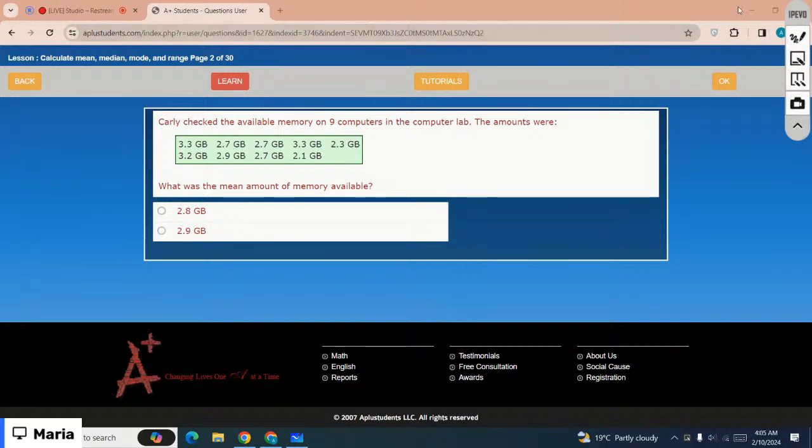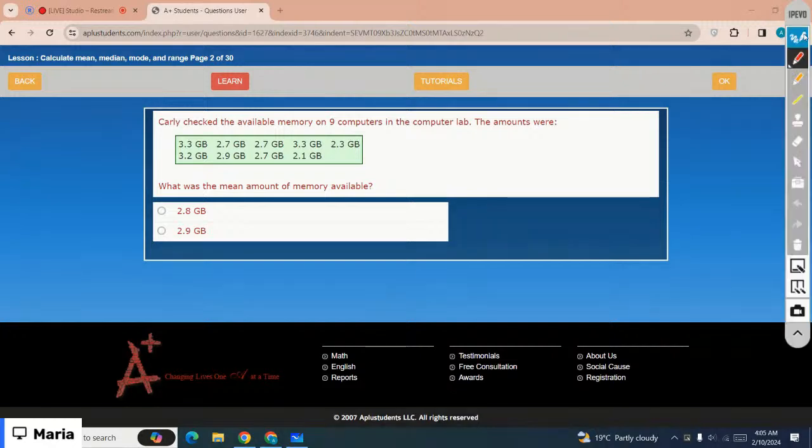The first thing is you have to add up all the given values, right? You need to add 3.3 plus 2.7 plus 2.7 plus 3.3 plus 2.3 plus 3.2 plus 2.9 plus 2.7 plus 2.1. That is the sum of all the numbers given, right? So let me just add and see what the sum is.